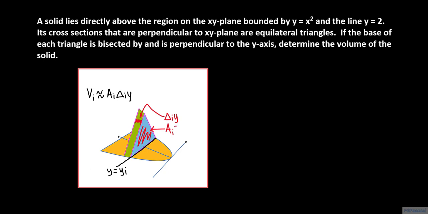At the moment, we denote this formula by A of y sub i. And V sub i will be approximately equal to A of y sub i times delta sub i y. A of y sub i, being the area of a triangle, is equal to half times the base of the triangle times its height, h.